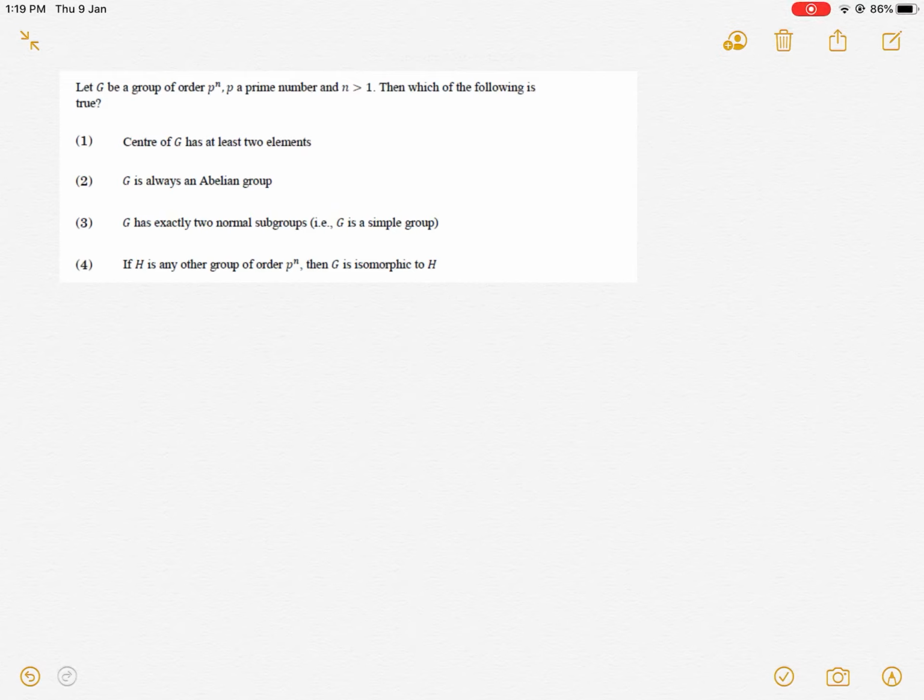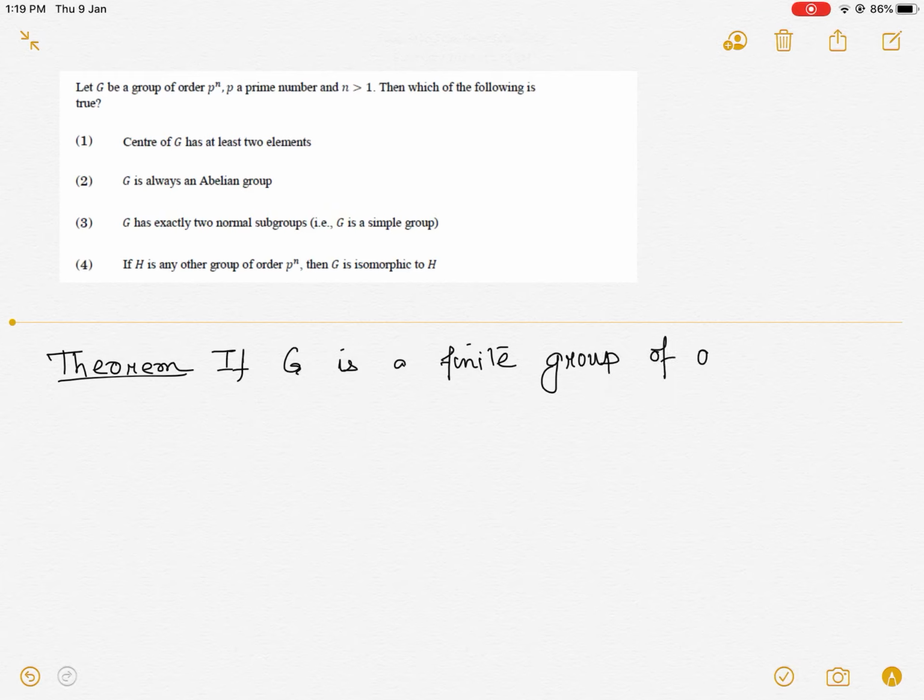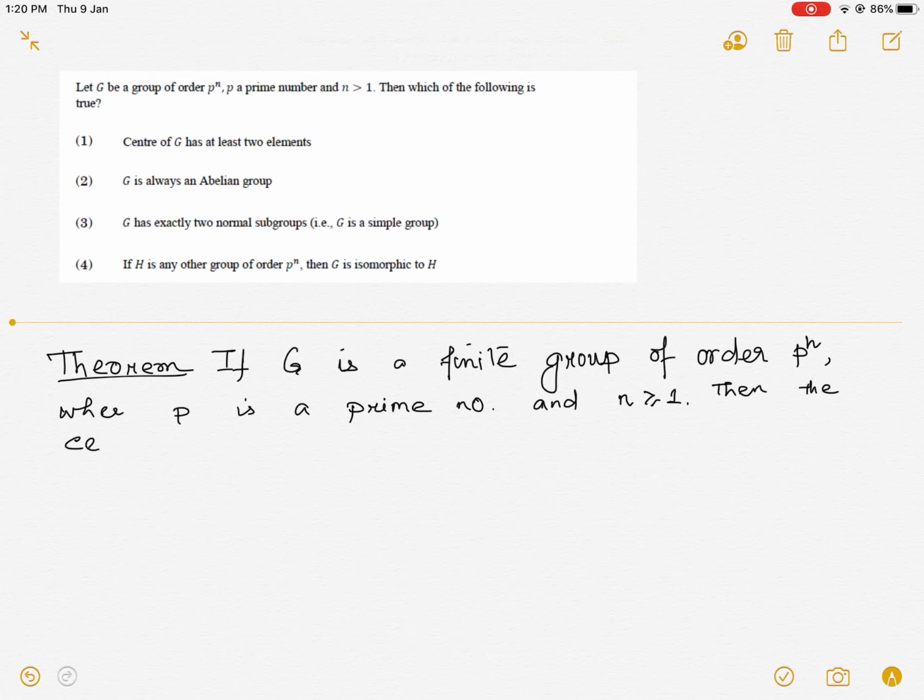First of all, we write a theorem as: if G is a finite group of order p to the power n where p is a prime number and n is greater than or equal to 1, then the center of G, that is Z(G), contains more than one element.